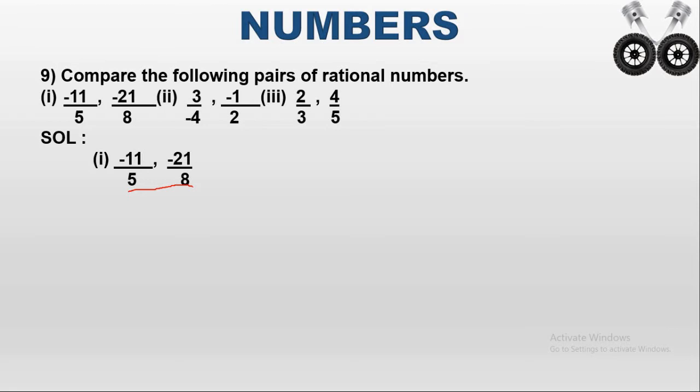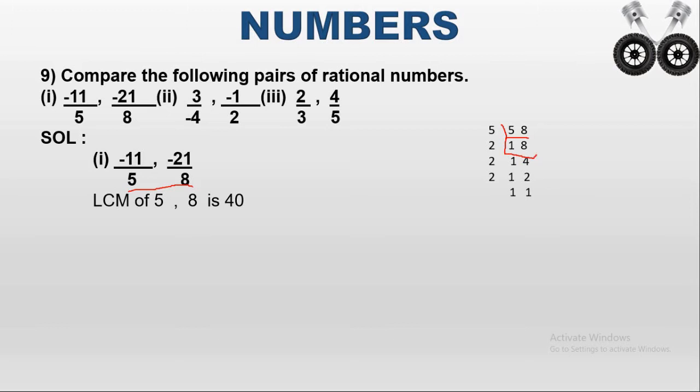For making the denominator equal, we have to find the LCM. The LCM of 5 and 8: first we have to find the common factor for 5 and 8, but there is no common factor. The factor for 5 is 5 itself, so 1 5s are 5. Write 8 as it is. Now find the factor for 8.